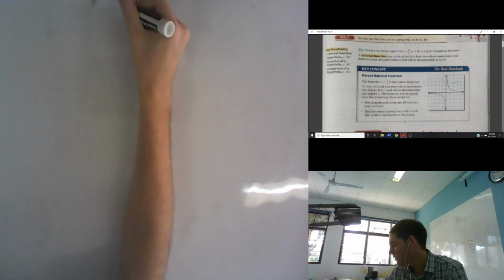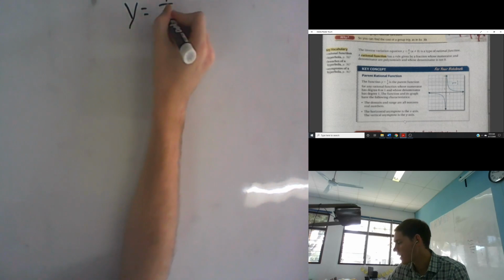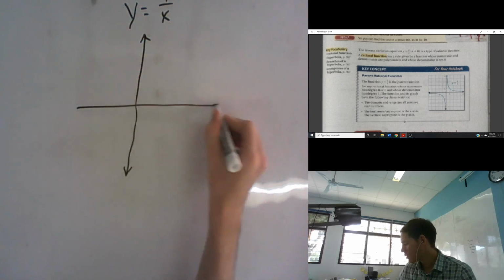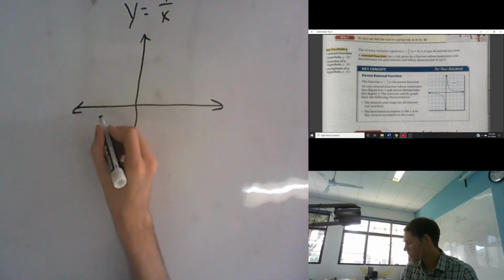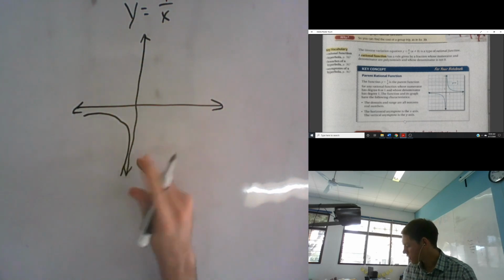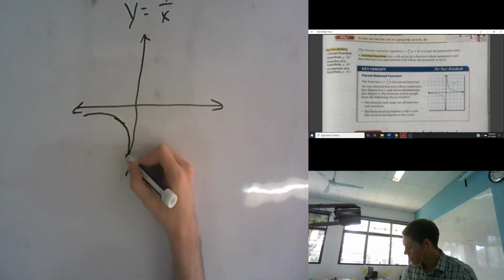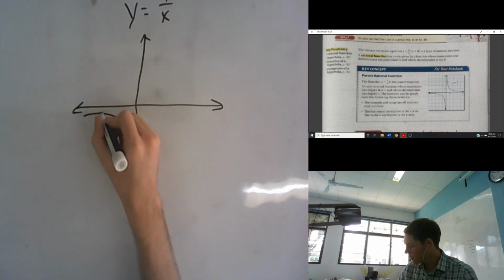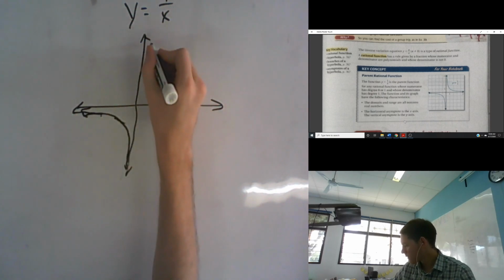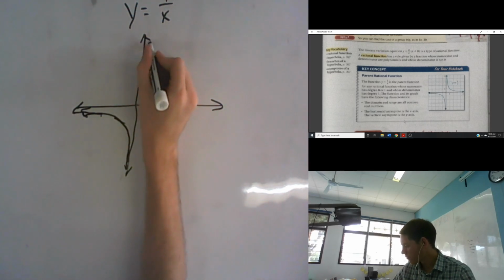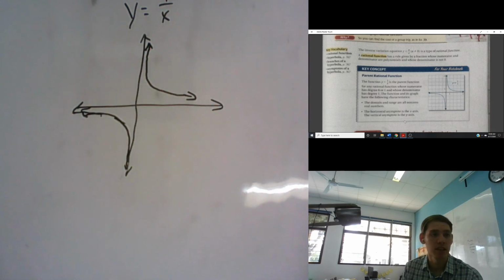Okay, 12.2. Rational functions. We already talked about the first function, inverse function, which is y equals 1 over x. And if you remember, this graph should look something like this.